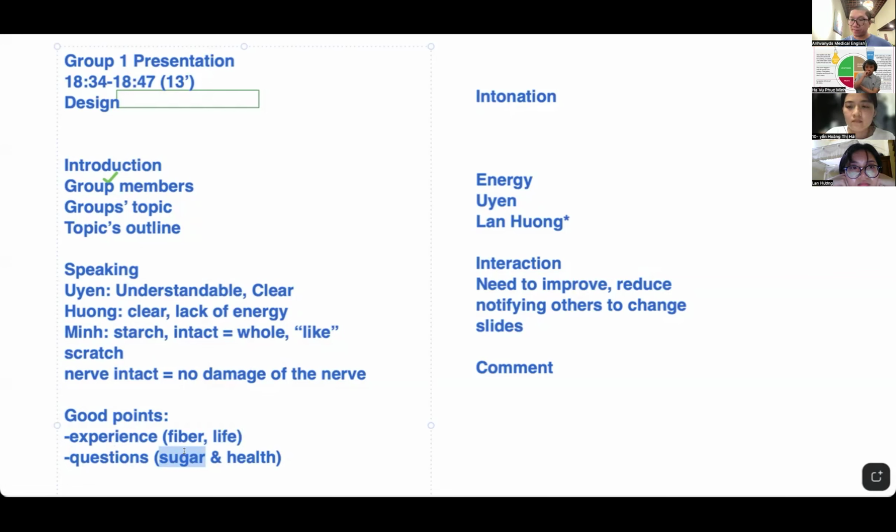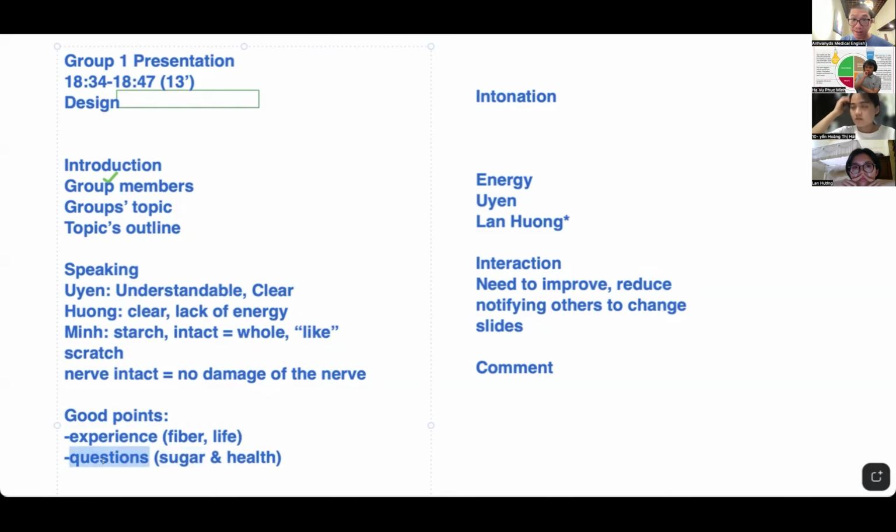For example, do you know how many carbohydrate types we have? Let me tell you about the classification of carbohydrates. So with the questions, you raise the interest of your audience in the topic.